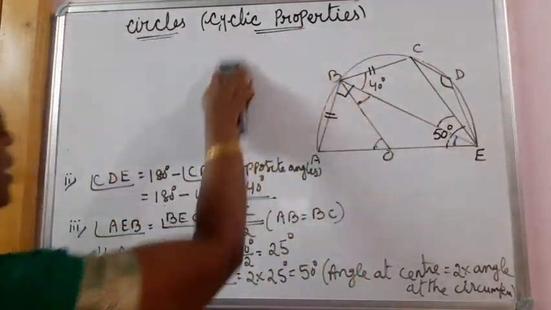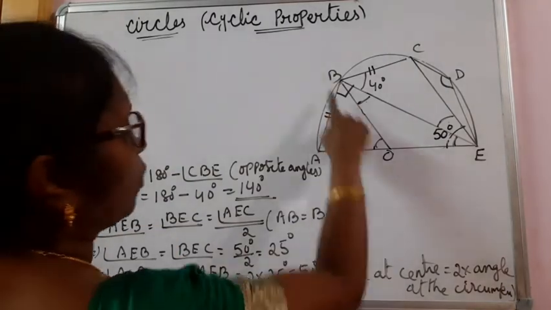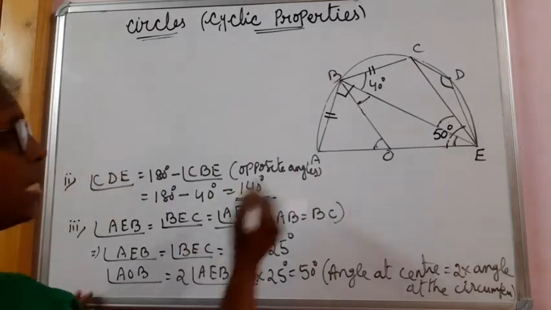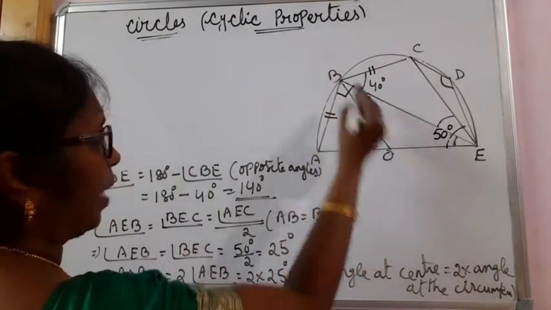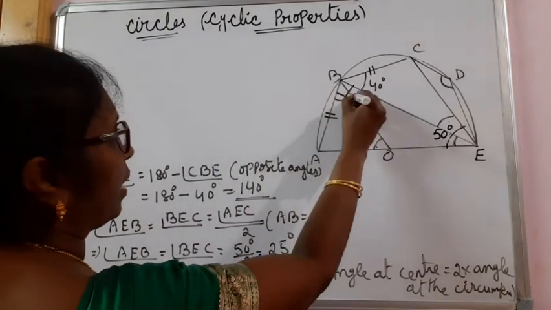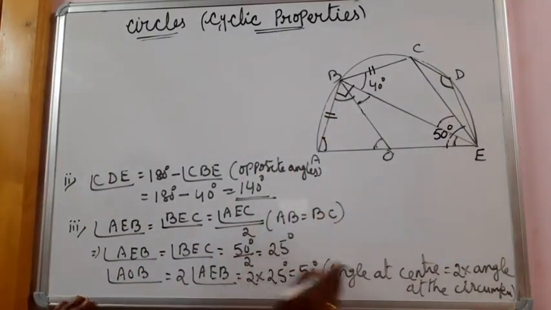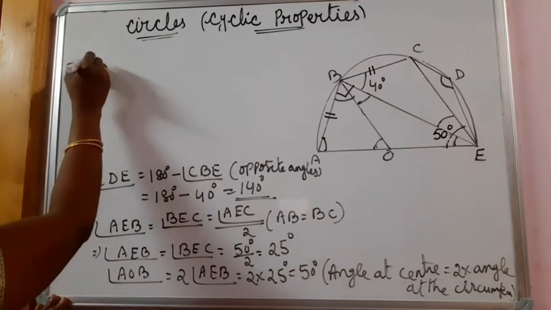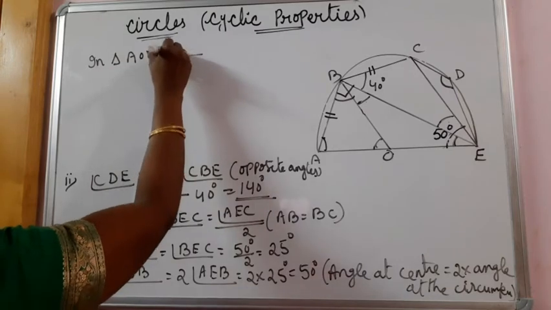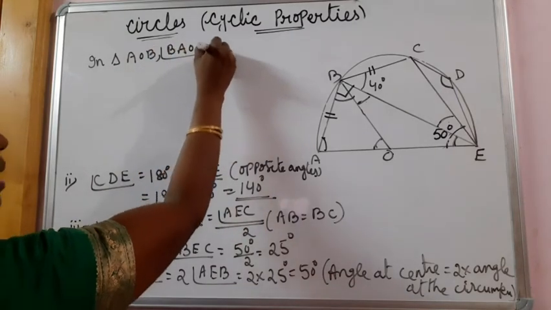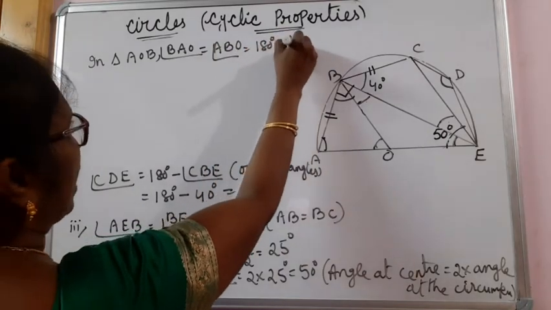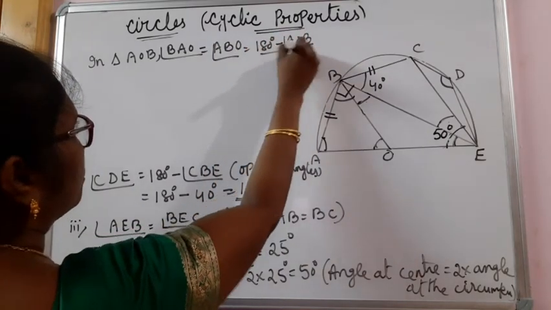For that, let us find angle OBE. In order to find angle OBE, we have to find angle ABO. See, in triangle AOB, OA is equal to OB, so these two angles will be equal. Angle AOB we just now got. In triangle AOB, angle BAO is equal to angle ABO, which equals 180 minus angle AOB by 2.